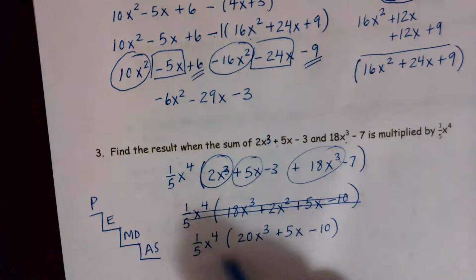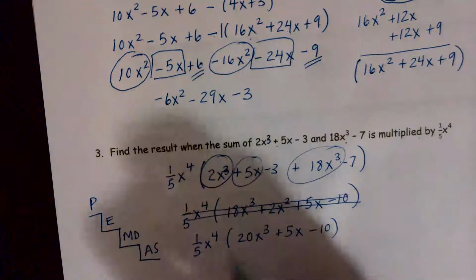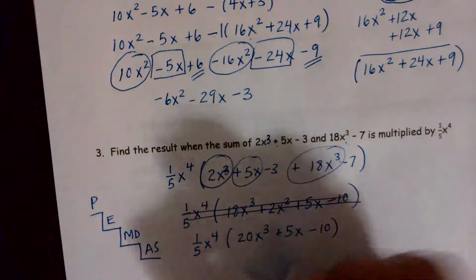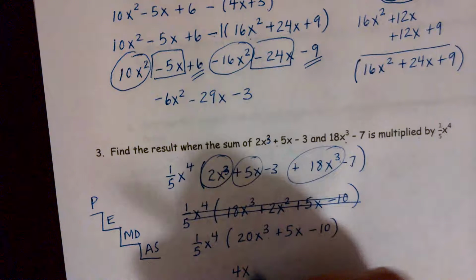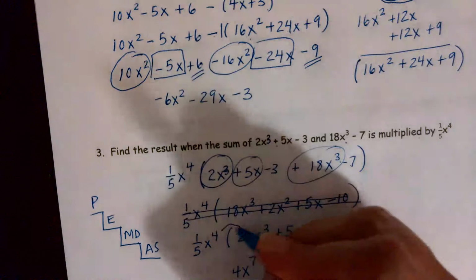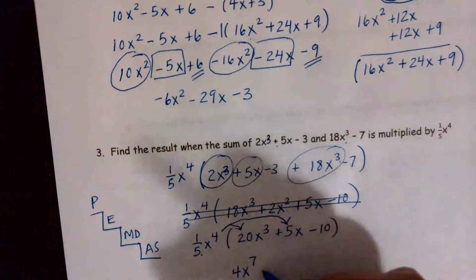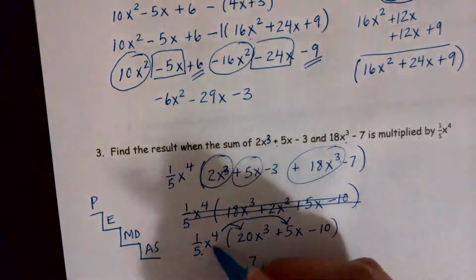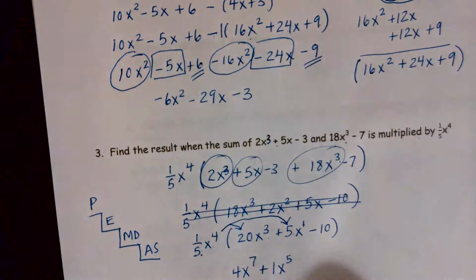And now let's multiply everything in the parentheses by 1/5 x to the fourth. So 1/5 times 20 is 4, and x to the fourth times x to the third, keep the base and add the exponents. Now 1/5 x to the fourth times this, well 1/5 times 5 is a positive 1, and x to the fourth times x to the first is x to the fifth.